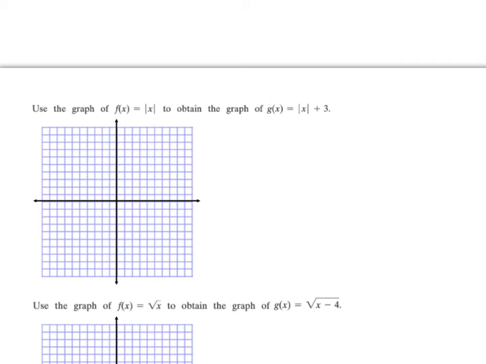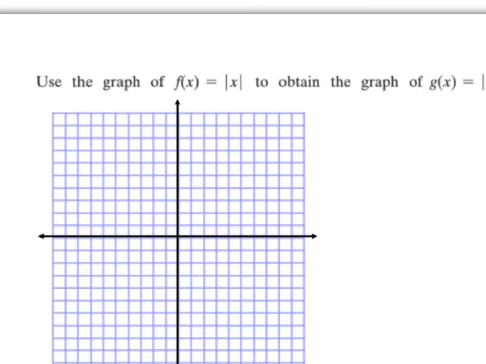All right, so I want to take a look at this example on the next page. Use the graph of f of x equals absolute value of x to obtain the graph of absolute value of x plus 3. The first thing I usually do is graph my parent function, the absolute value of x, which is just a V-shaped graph like this.